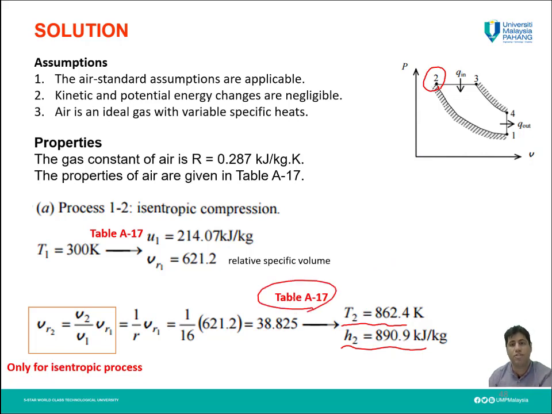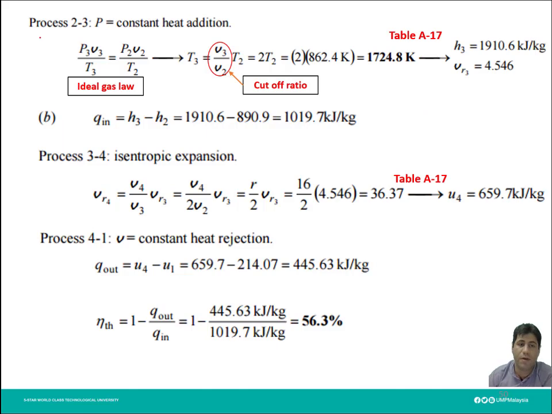But part A of the question is how much is the temperature at the end of the heat addition process. So we need to find temperature for state 3. How can we find that? With a similar procedure, using the information which we have for state 2 and for the process from state 2 to state 3, we can find the properties for state 3.